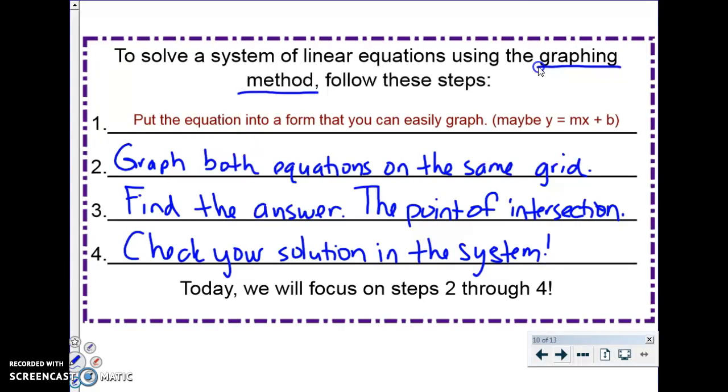Step 3, when you find the point, it's easy to switch the numbers by accident and put y first. Because remember, your answer is always going to be x comma y because we're looking for an ordered pair. So I can't tell you enough to make sure you're doing step 4. And if you're using the calculator to help you out, it should be a really quick, 5-second check.